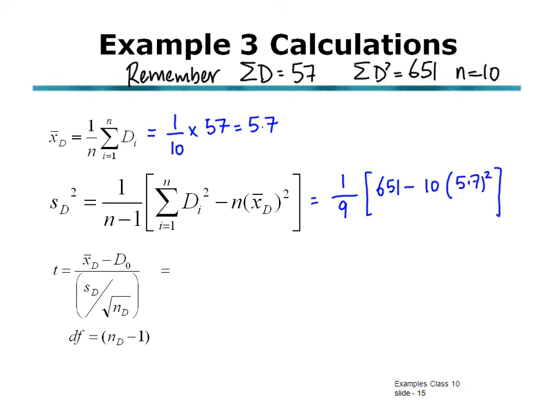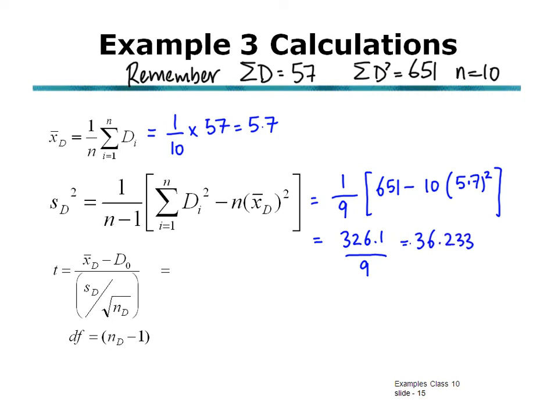Now the calculation for 5.7 squared multiplied by 10 subtracted from 651 gives us 326.1 on the top line, divided by 9, giving us 36.233 for the variance of the differences.